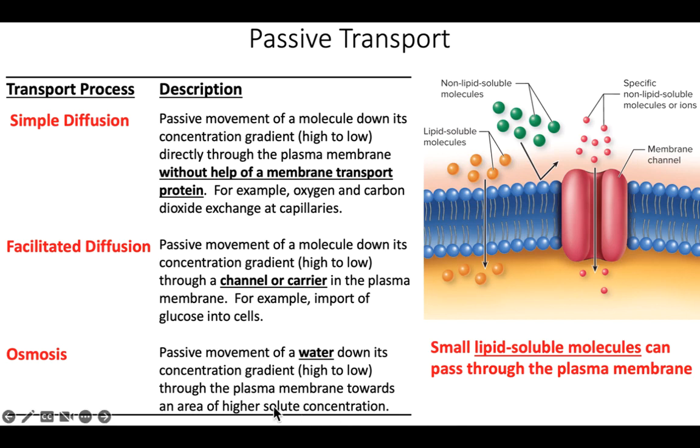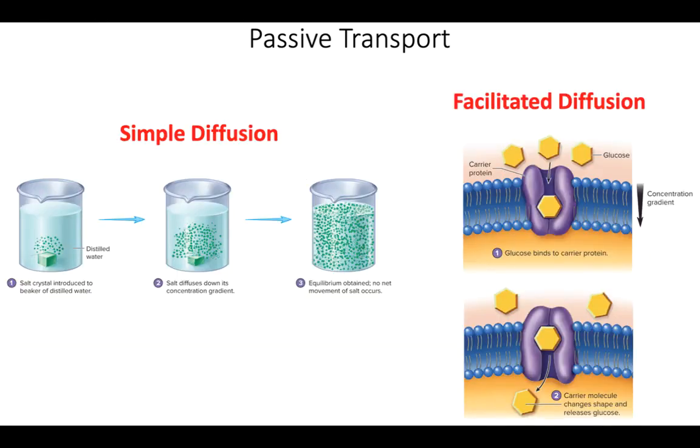Solutes are everything else. Solutes are going to be like sugar or sodium, potassium, anything else besides water. If there's a high concentration of solute, water is going to travel towards that high solute. All right? Because where there's high solute concentration, there's low water concentration. And I'll kind of get into that again in a minute.